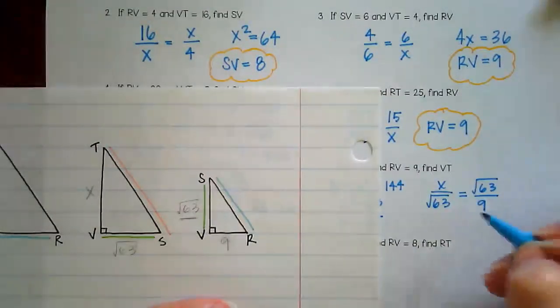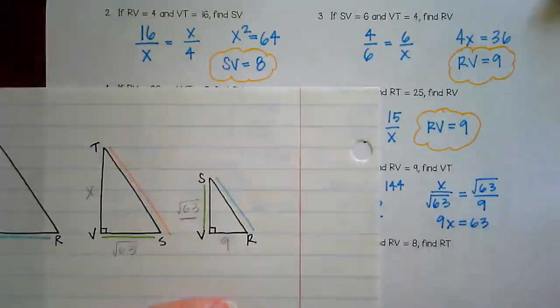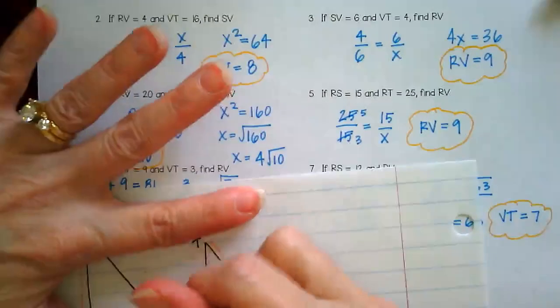So now I just need to solve. So 9x equals 63. That's what I get when I multiply the diagonals together. So that tells me that VT is 7. And there's number 7. All right, let's see, next up.